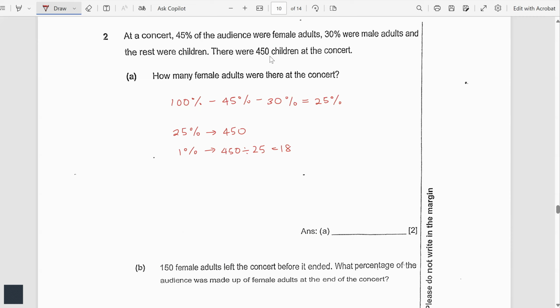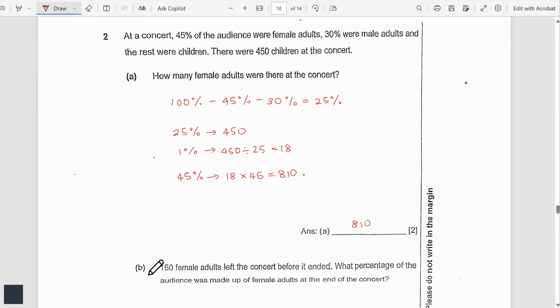The question is asking for how many female adults were there at the concert. Female adults will be 45%. So let's find 45%. 810. Okay, so the answer for part A is 810.